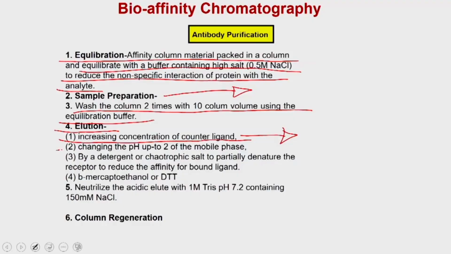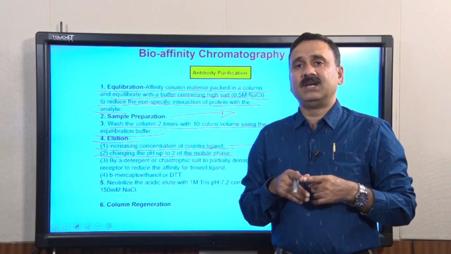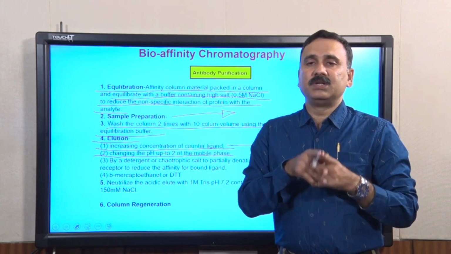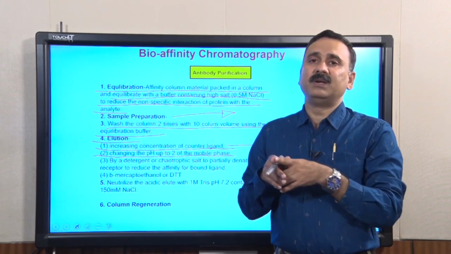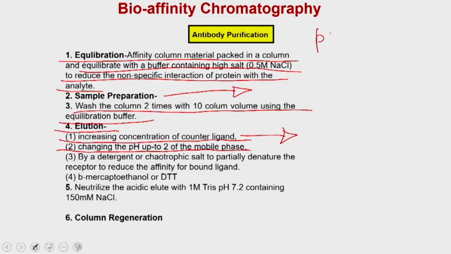Number 2, you can change the pH of the mobile phase. Since the antigen antibody interaction is very strong, you have to change the pH to somewhere around 2 to 3, and that is going to release the antibodies which are bound to the antigen. So, what will happen when you change the pH to 2?